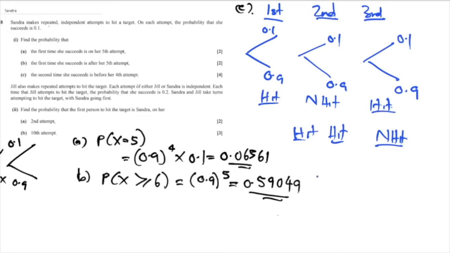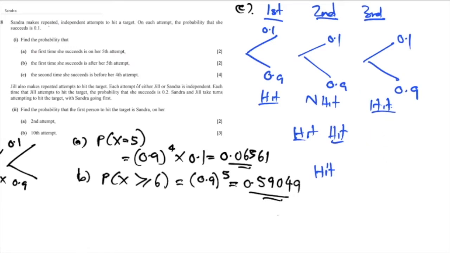What if she already hit on the first attempt, and then hits on the second? If the second time she has already hit, she doesn't have to do the third attempt.